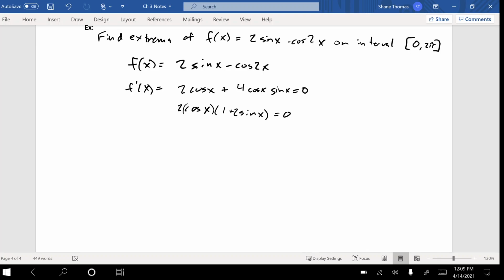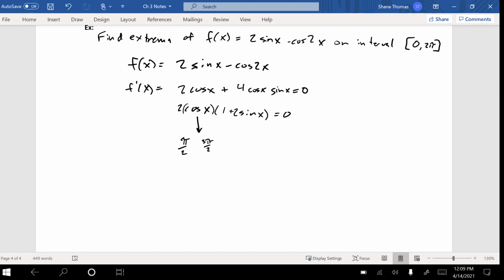Now, if we look at cosine of x, what are the 2 values for which cosine of x gives us 0? This is basically doing inverse cosine. Good, pi over 2, and the other one would be 3 pi over 2. Great job, guys. I'm glad you remembered that.